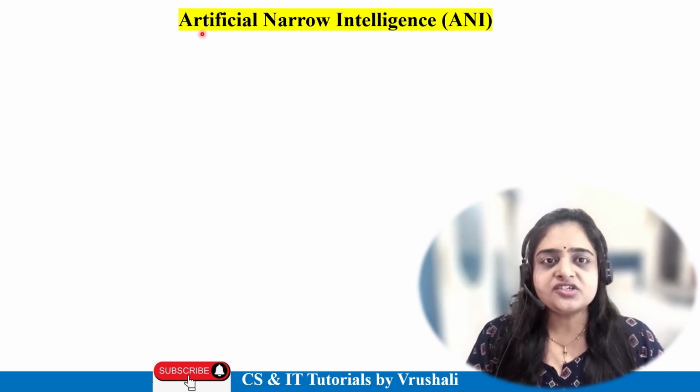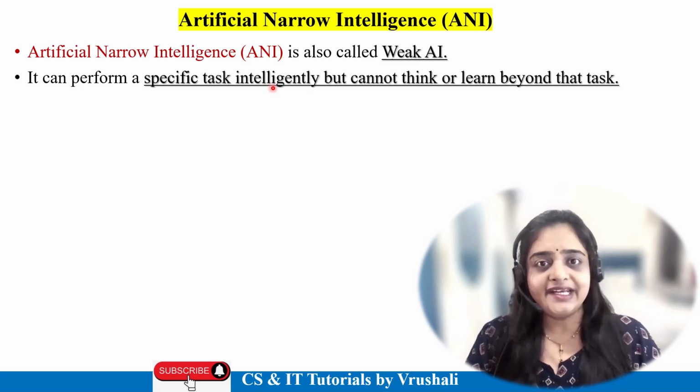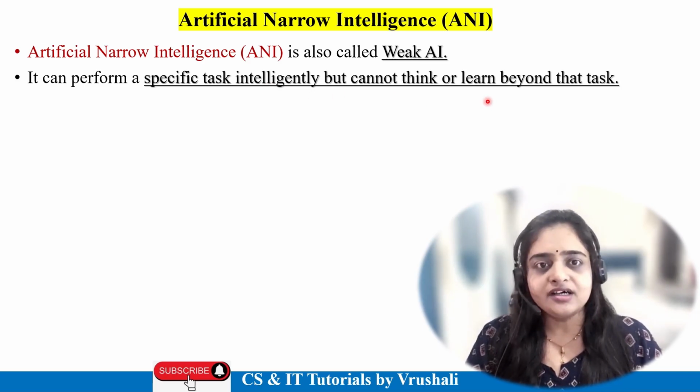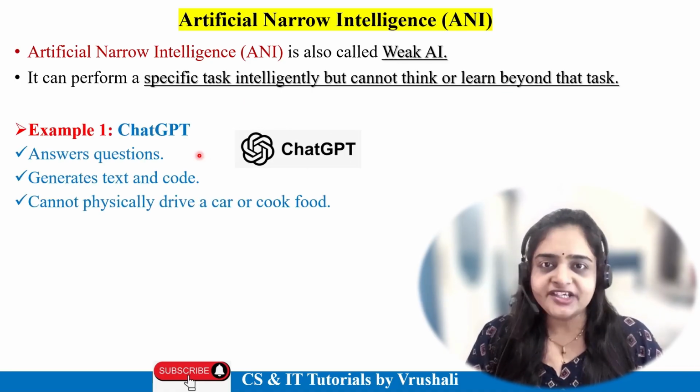Now, the first one, artificial narrow intelligence, is also called weak AI. Why? Because artificial narrow intelligence performs specific tasks intelligently, but it cannot think or learn beyond the task. For example, ChatGPT.